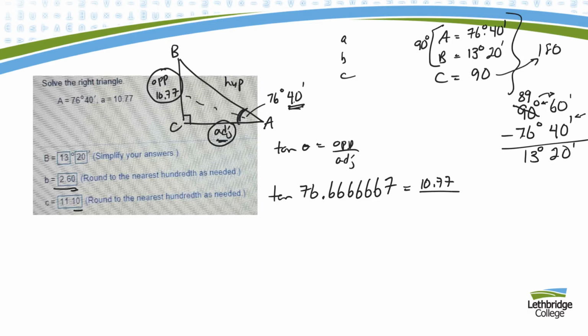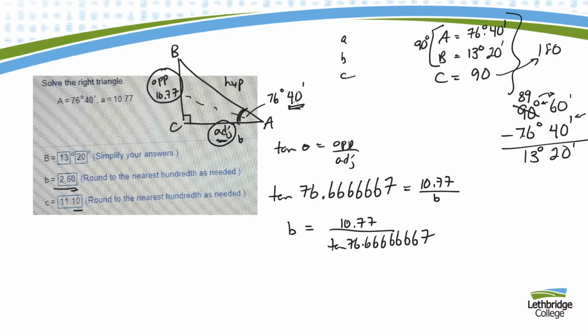Okay, so I've got tangent of that angle is equal to the opposite side, 10.77, over the adjacent side, which in this case is letter B. Multiply B on both sides, divide by the tan of that big number, tan 76.6666, a bunch of sixes. Okay, let me do that on my calculator.